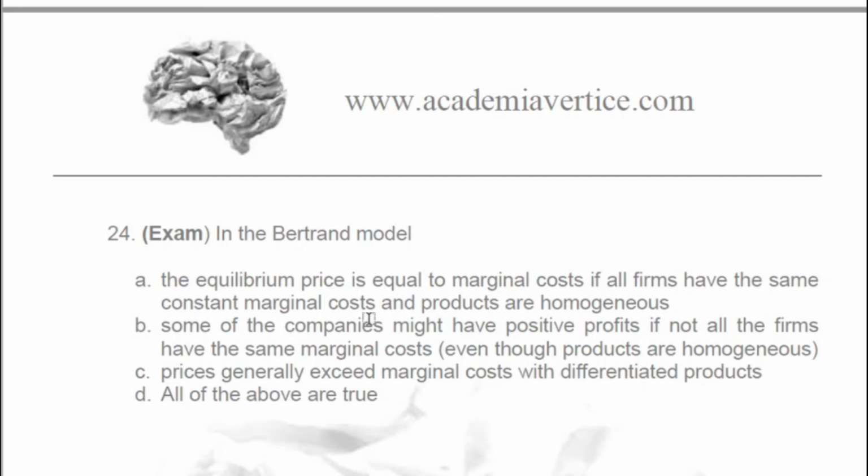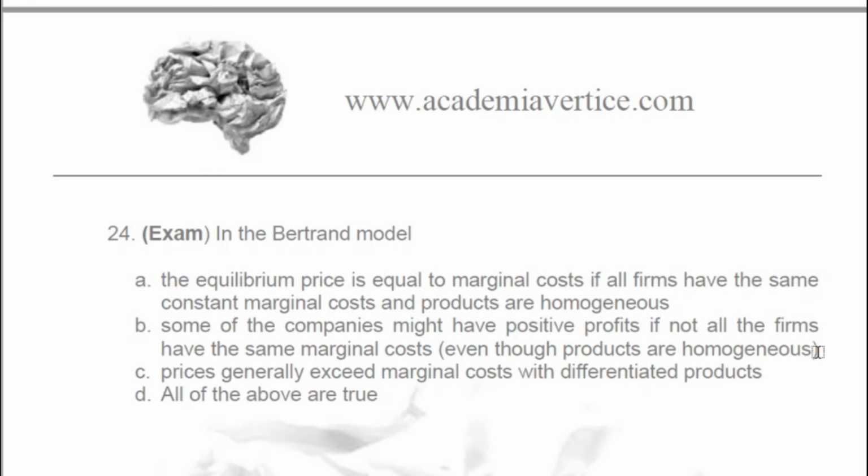Some of the companies might have positive profits if not all the firms have the same marginal cost, even though products are homogeneous. Yes, this is true. I don't know if I put any example of this, or you have more complicated ones that I give you, but I won't do videos on them.